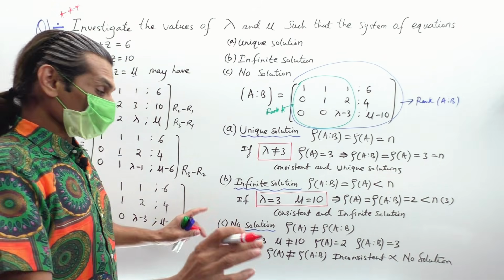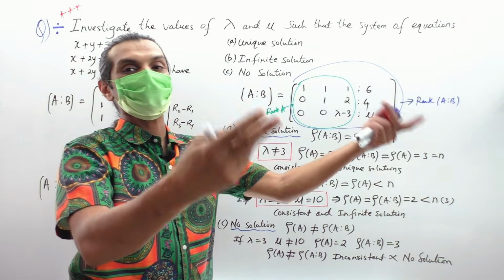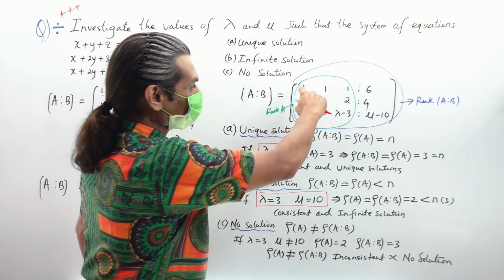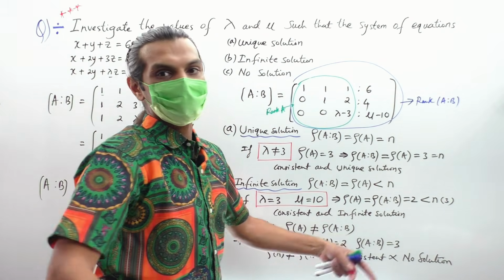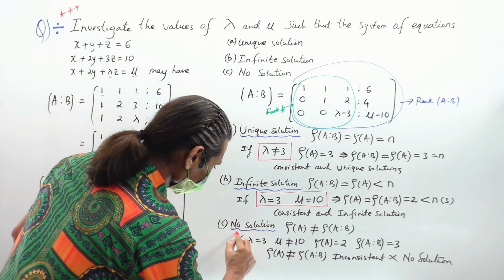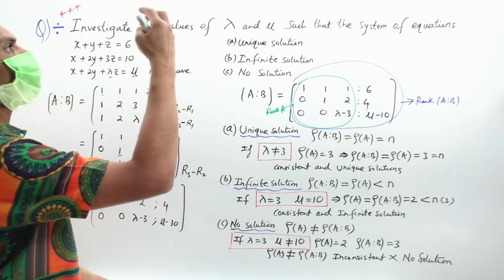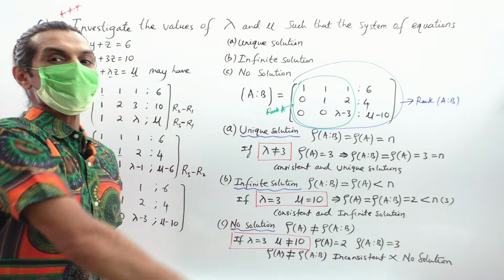And no solution means lambda equals 3 and mu is not equal to 10. In that case, this rank is only 2, but the whole rank is 3. So the ranks are not equal, so inconsistent, no solution. So, these are the values of lambda and mu for which the system has a unique solution, infinite solution or no solution.